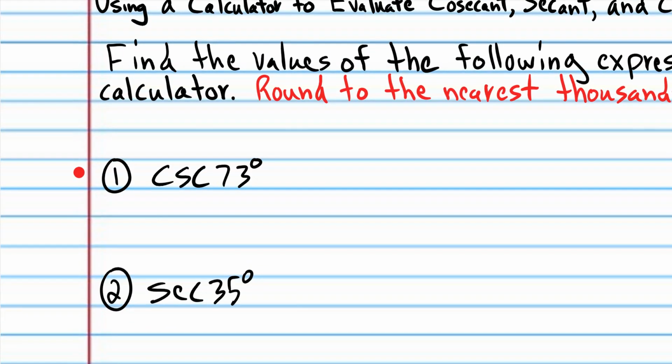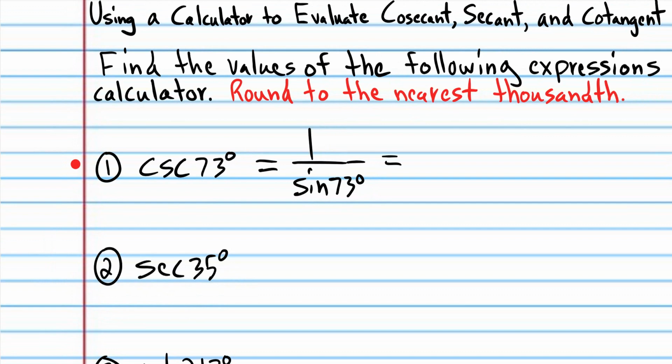So how do we do this? How do we calculate cosecant 73 degrees when the calculator doesn't have a button? Well, it's very easy. We just use a reciprocal function. So we just convert that to 1 over sine 73 degrees. Remember, cosecant theta is the same thing as 1 over sine theta.